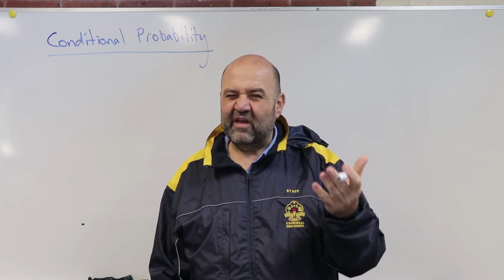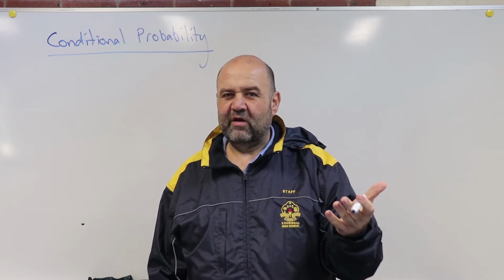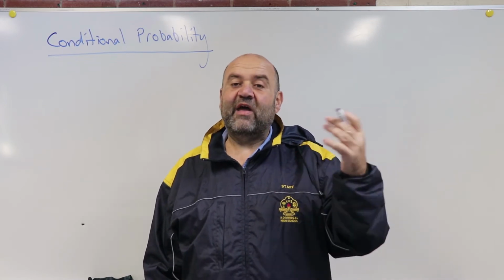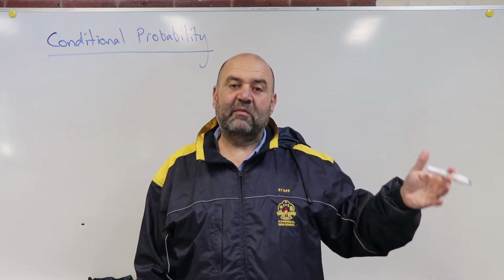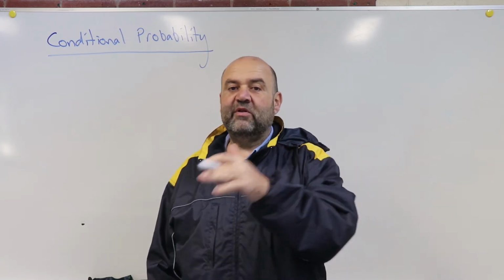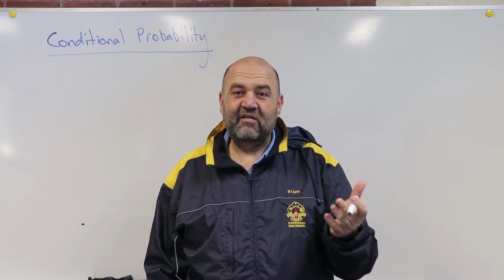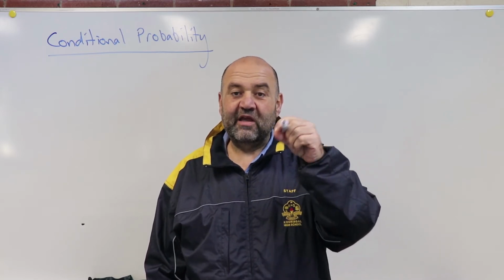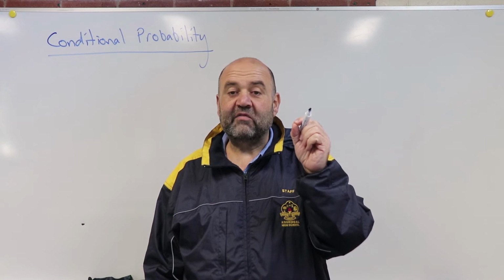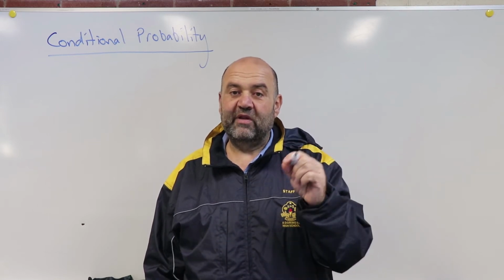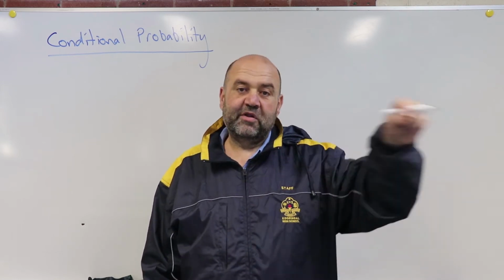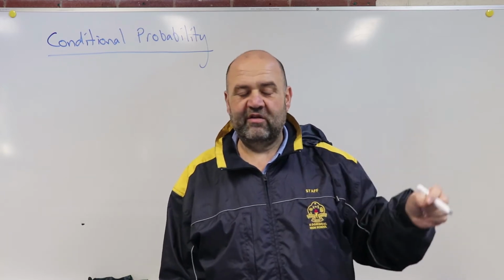Well, now I'm putting a condition on what it is I'm talking about. So given that the person has to like rugby league, what's the probability that they like tennis? That changes the question, yeah? So it's a case of a conditional probability. Given the condition, person likes rugby league, what's the probability they like tennis?